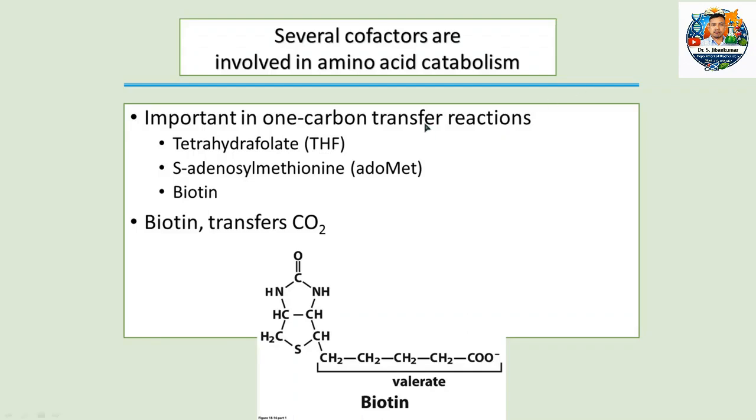So here in amino acid catabolism, particularly three cofactors are important: tetrahydrofolate, S-adenosylmethionine, and biotin. But there is one common property of all these three cofactors, that they are involved in one carbon transfer reactions.